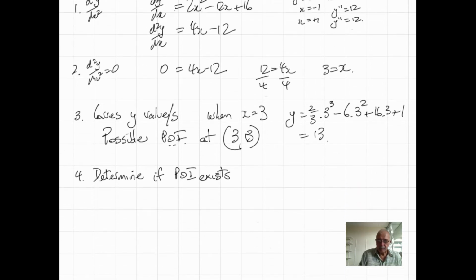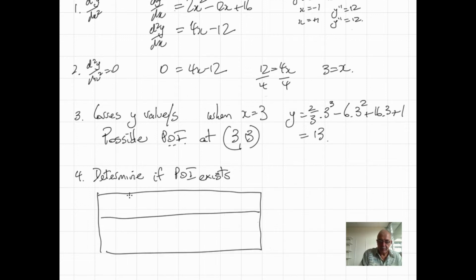I'm a bit of a fan of tables. So we've got x and d2y dx2.